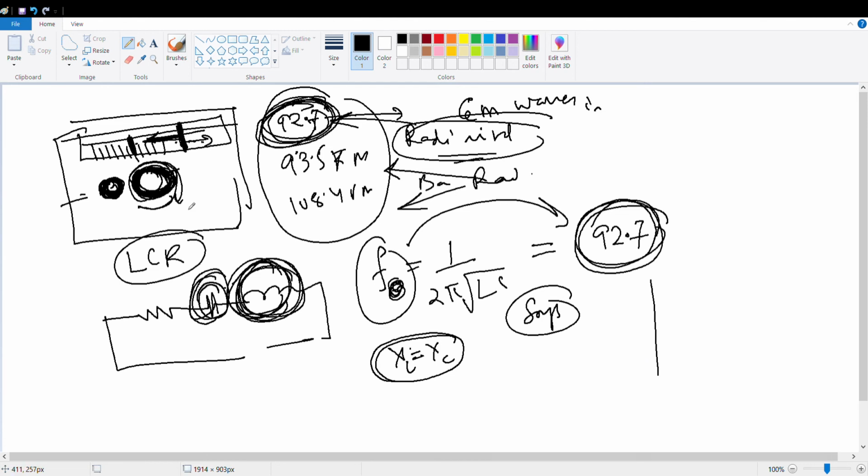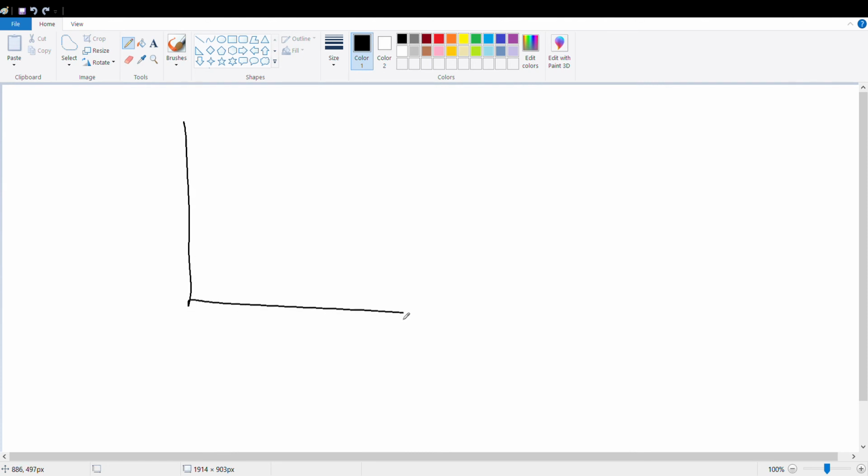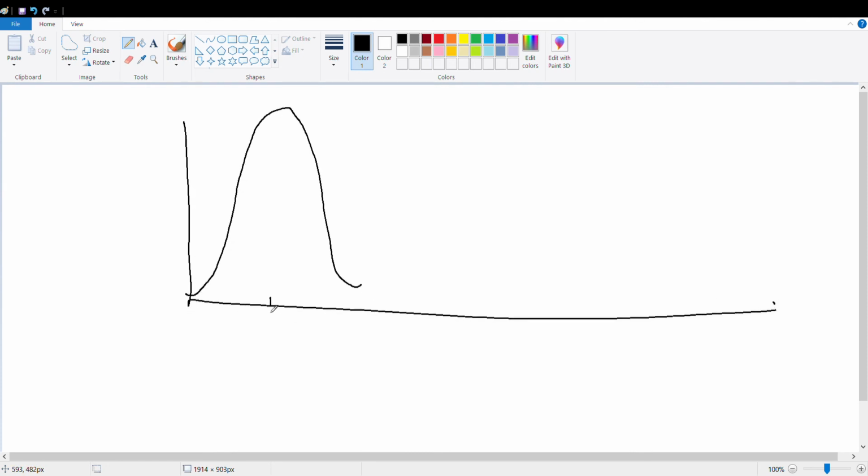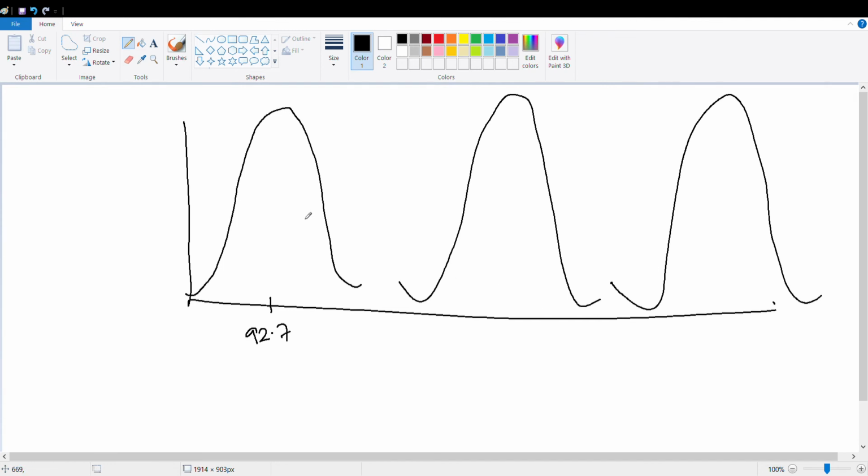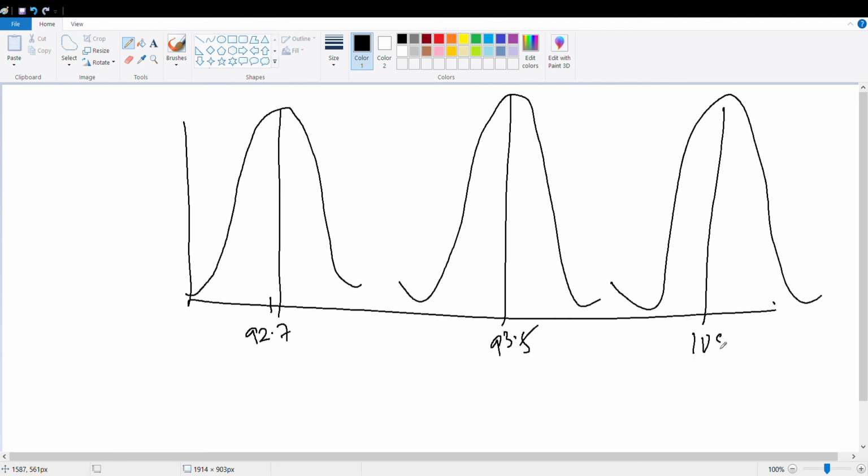So each radio station will have its own frequency. This is 92.7. This is 93.5. Let's say this is 108 point something.